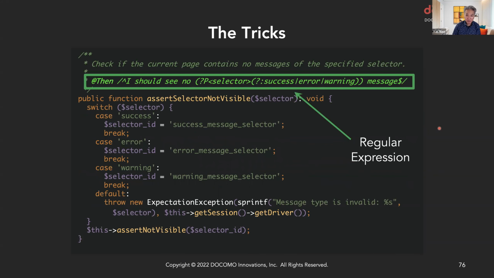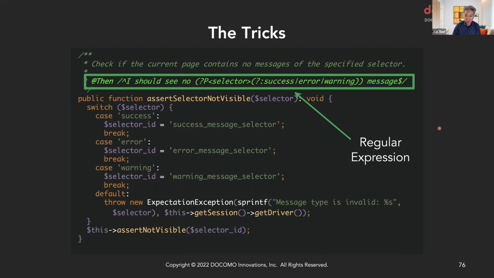We can even define the sentence using a regular expression. So maybe you have a quick question. Do we need to eventually write PHP testing code for each condition, action, and assertion like this? The answer is no. Thanks to the Mink extension and the Drupal extension PHP libraries for Behat, we don't have to write this kind of lots of PHP code.